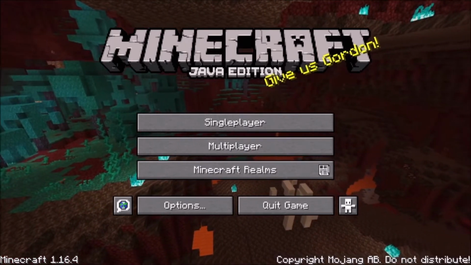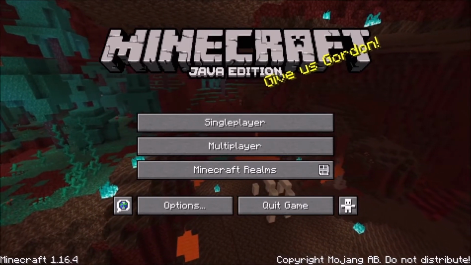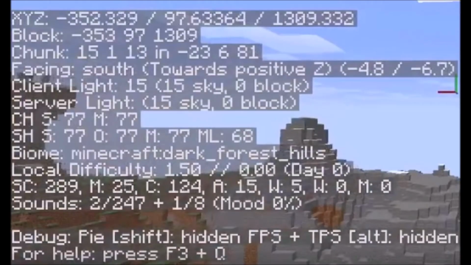So firstly, the coordinate system in Minecraft is a bit weird, and you'll see what I mean in a second. If you open up the stats menu by pressing F3, you'll see three numbers associated with your coordinates in Minecraft. The first one corresponds to X, which is your west to east location. The second, Y, represents your vertical location, so how high you are off the bedrock at the bottom.